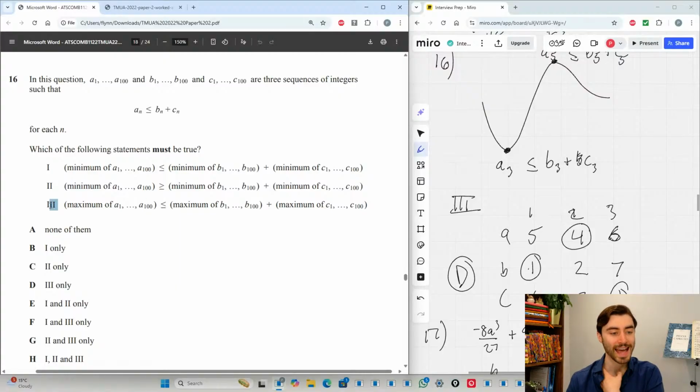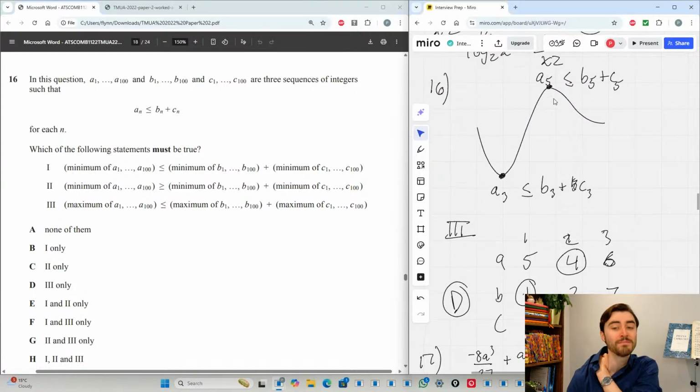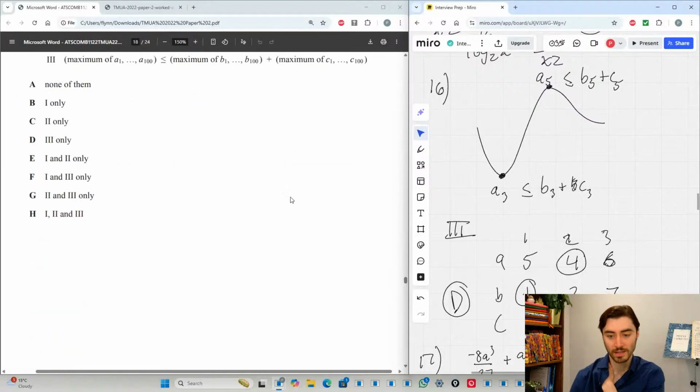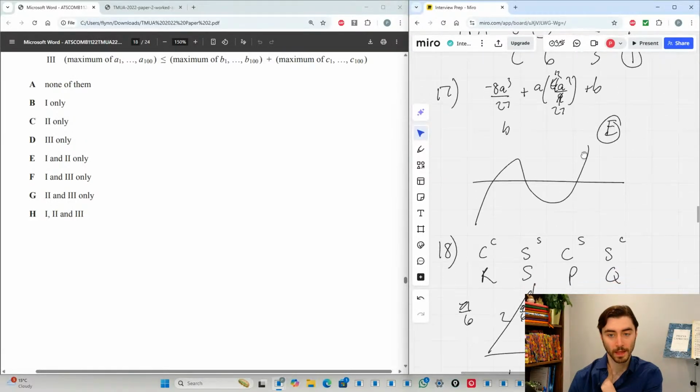But 3 has to work because it just has to work. Because at the very minimum, then A5 is less than the sum of these guys. And the only other option is if these are the maximum, then the statement is true, or there are numbers bigger than that, in which case it's even bigger than this, and so it's even more true. So 16, I was pleased with that.